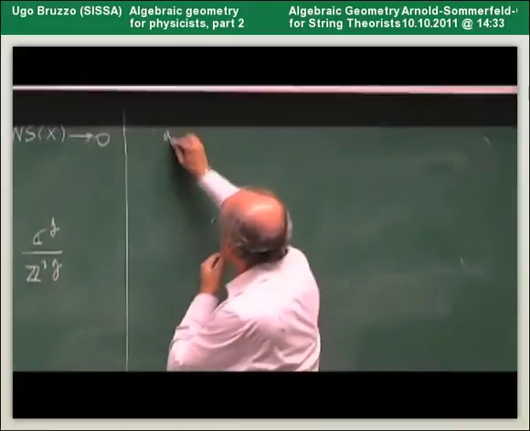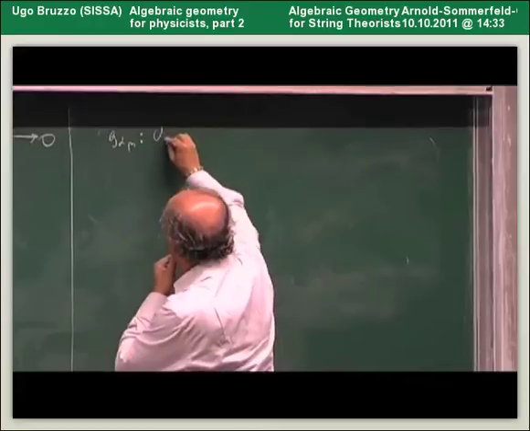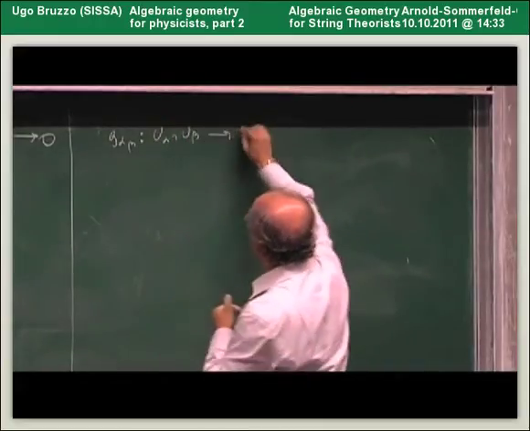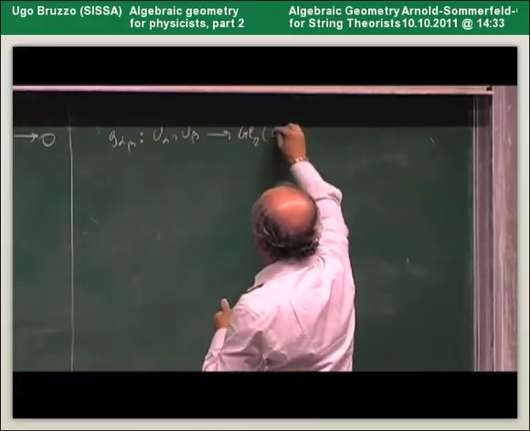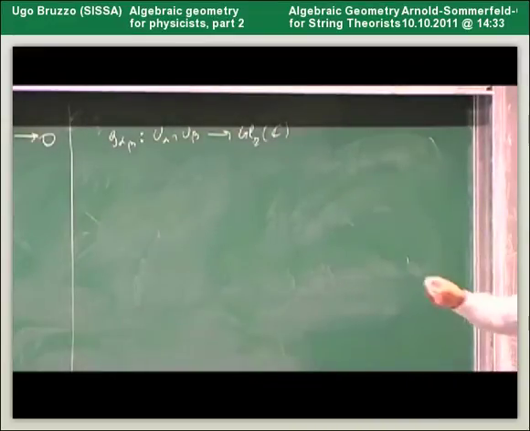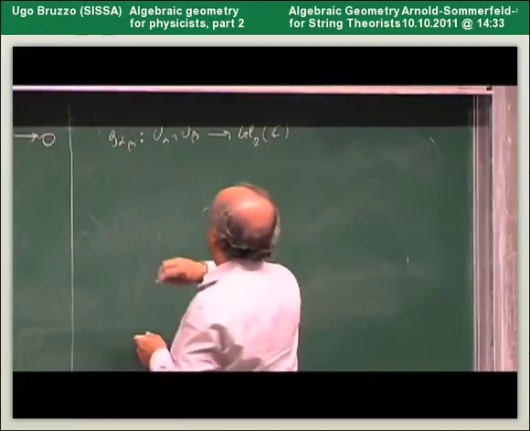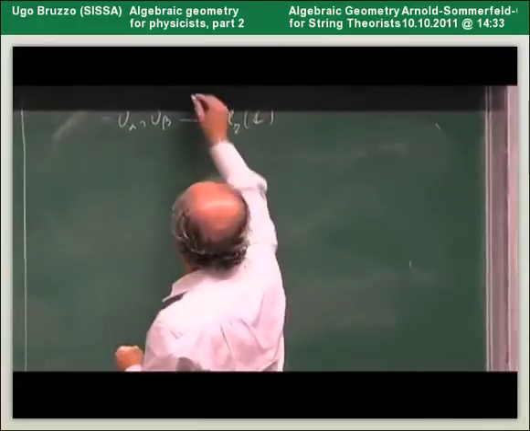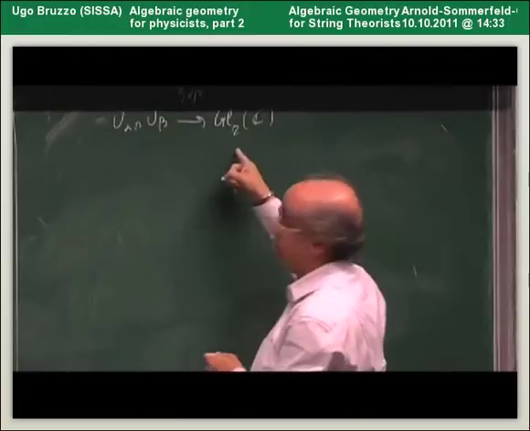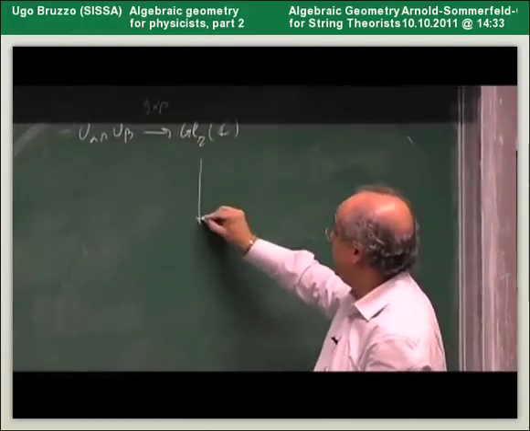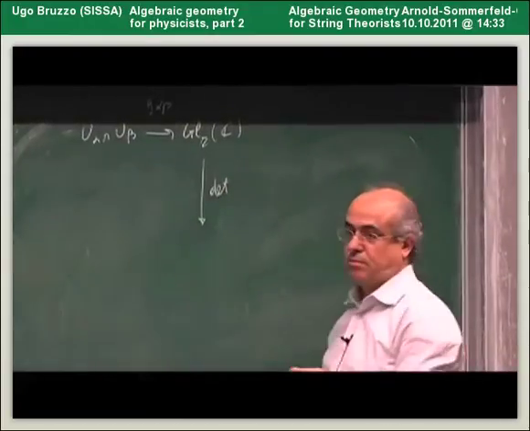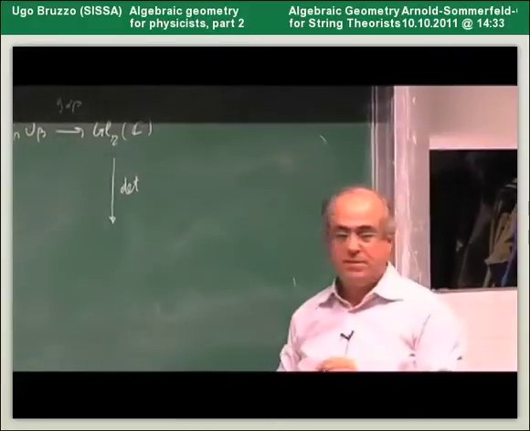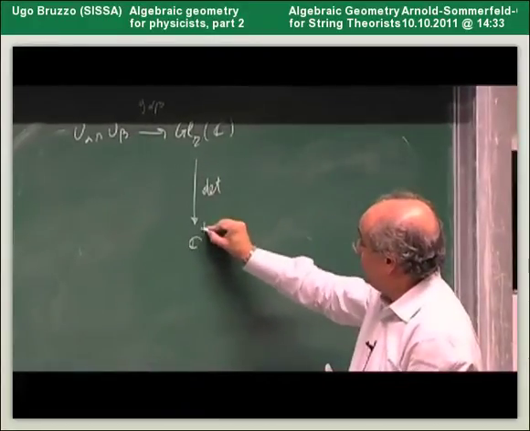You remember that a vector bundle may be described by transition functions. Holomorphic maps like this, which satisfy a cocycle condition. Then, of course, at every point, this means that I have a matrix. Of this matrix, I can take the determinant. Of course, I get an element of C star.